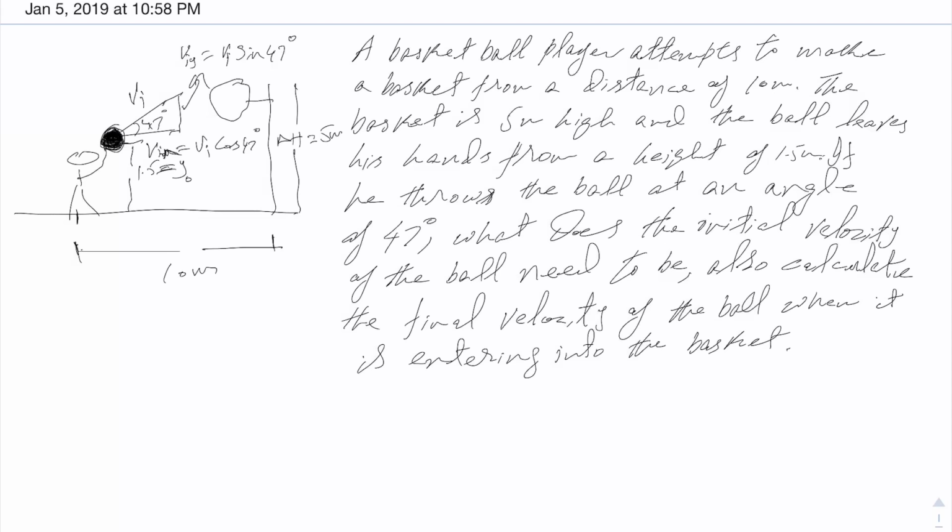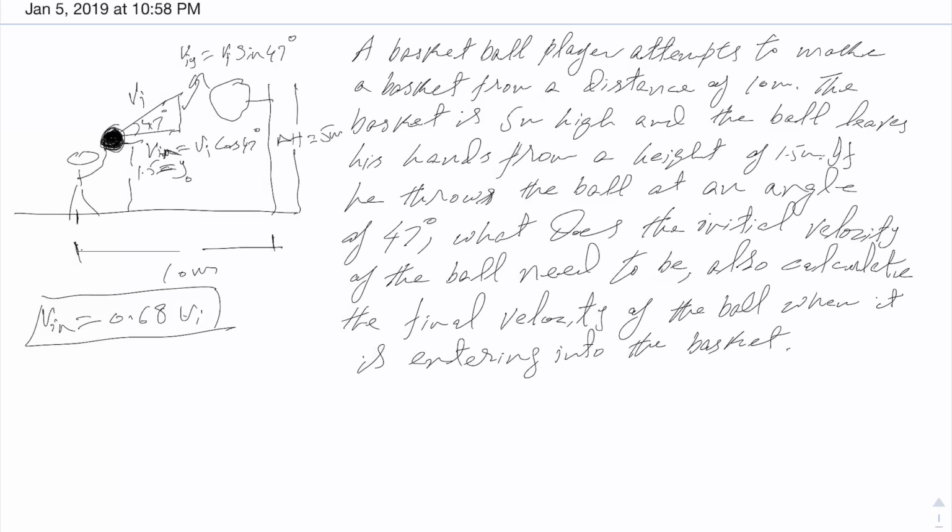So the value of the x component of the initial velocity, which is vix, equals 0.68, which is the value of cos 47, times vi.